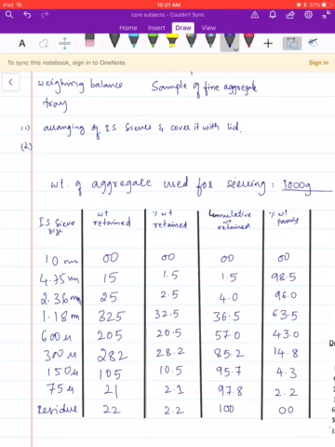We have taken IS sieve sizes 10 mm, 4.75 mm, 2.36 mm, 1.18 mm, 600 micron, 300 micron, 150 micron, 75 micron, and at the end a residual pan. This is the weight retained on each of these IS sieves. I am just assuming these numbers from the previous data we have.